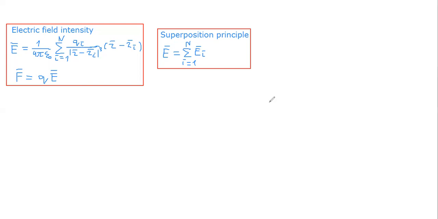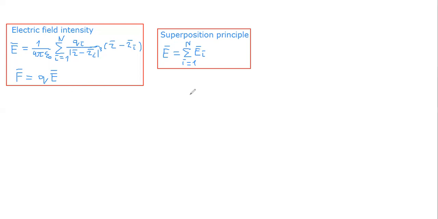The electrostatic field is a case of potential field, and it means that we can use such a physical value as potential energy, and we can also use electric potential.